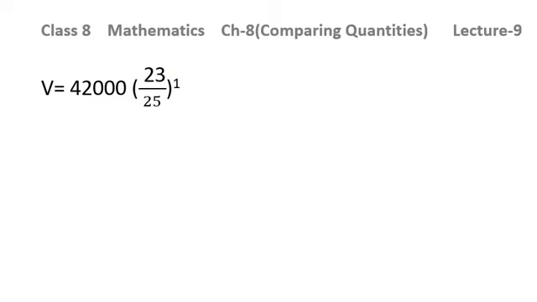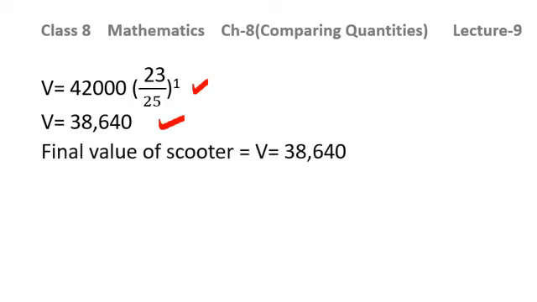So V will be equal to 42,000 bracket 23 over 25 raised to the power 1 after solving the bracket. Then V is equal to 38,640. So this is the final value of the scooter after 1 year.